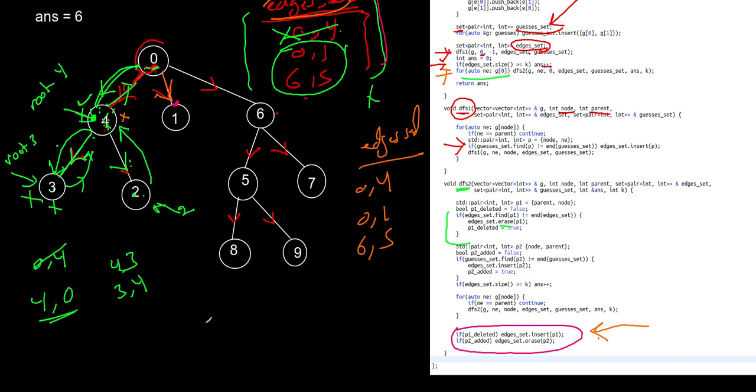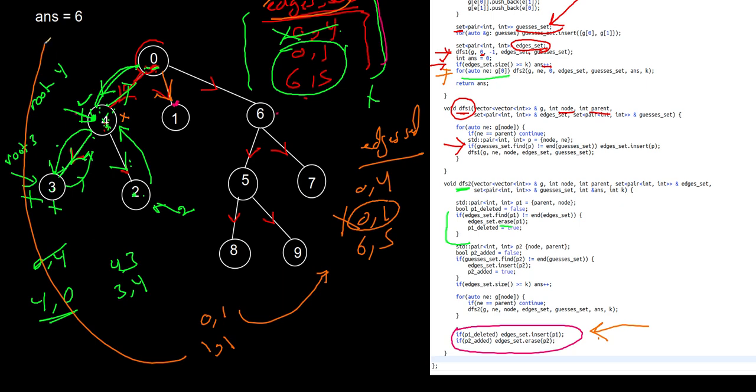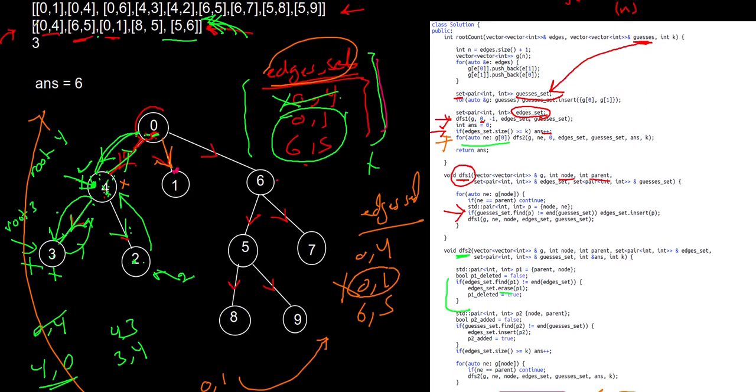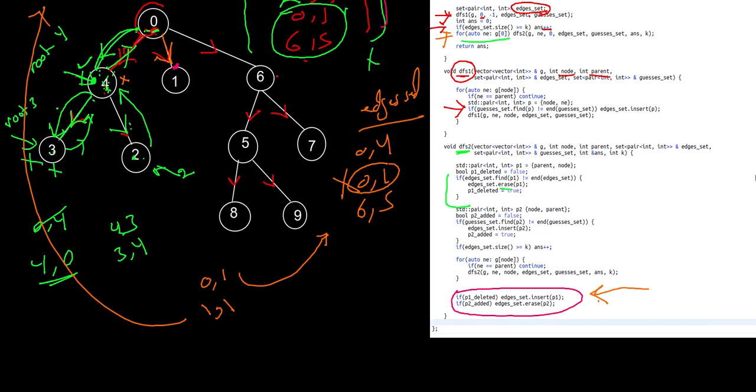Now again, is 0 1 in the edges set? The answer is yes, so we remove it from here, and we need to check if 1 0 is in the guesses array. 1 0 is not in the guesses array, so we don't add it.